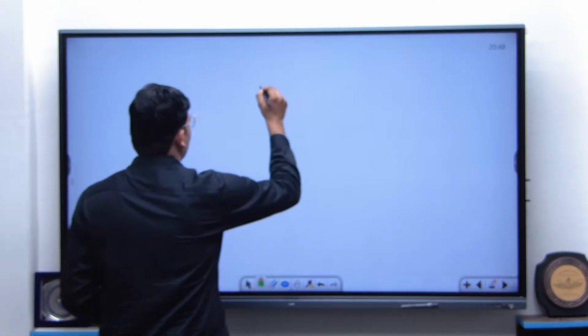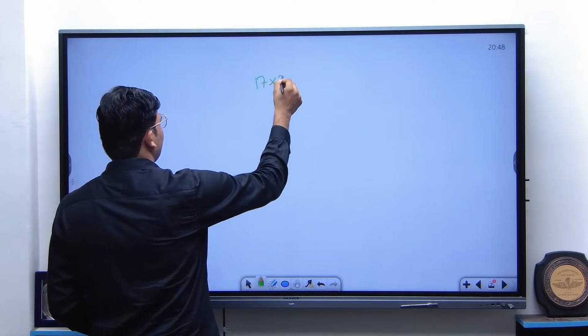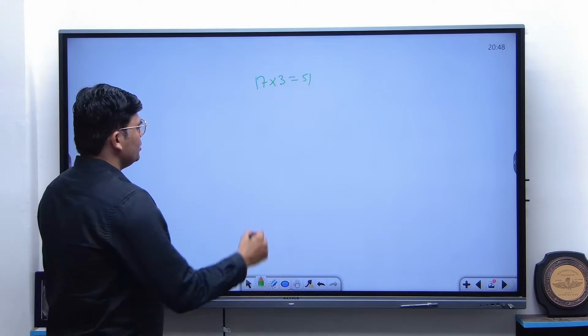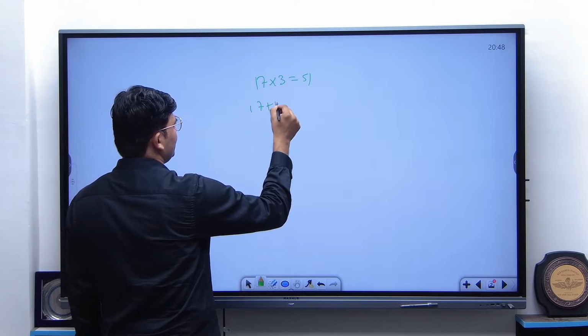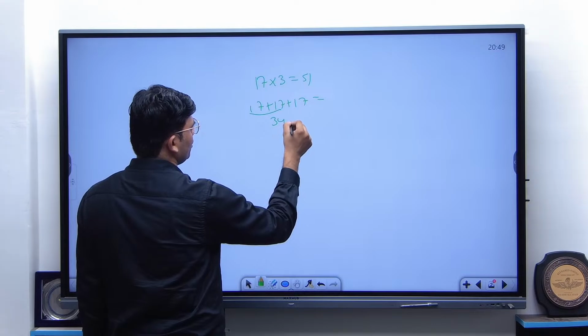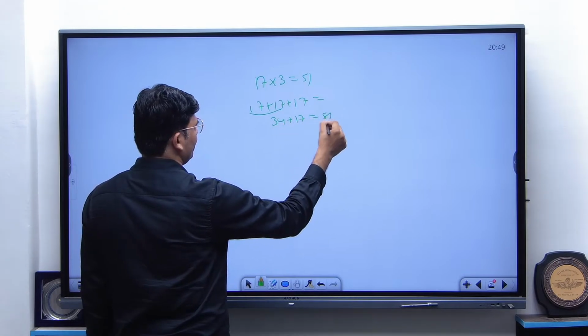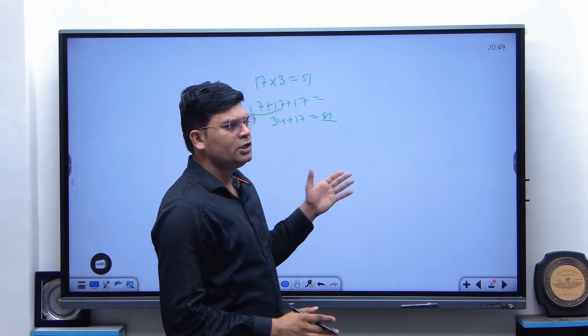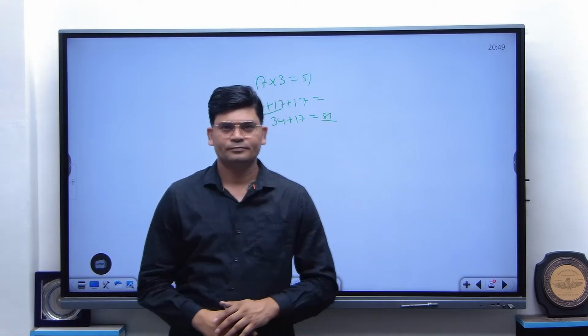So you must be knowing that 17 into 3 is how much? 51. Okay. So I can also say that 17 added 3 times will give 17 plus 17 is 34, plus 17 will give 51. 17 into 3 is 51. Can I say that 17 into 3 is equal to 51 is a formula?